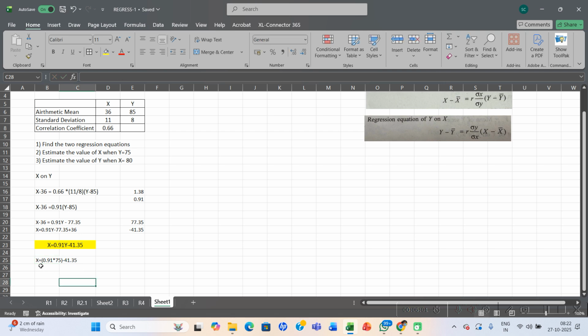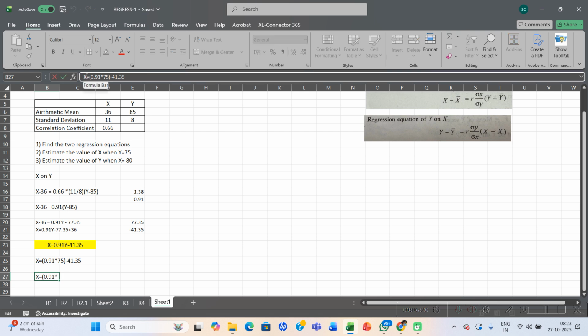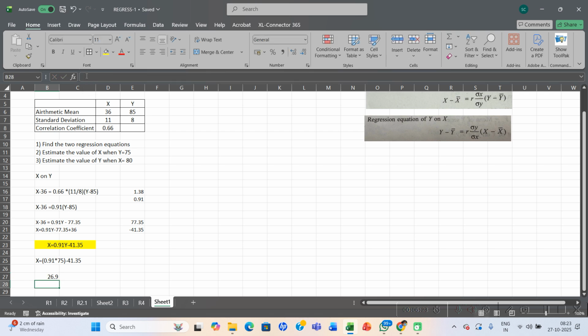So the answer is x equal to 26.9 when the value of y is given as 75.